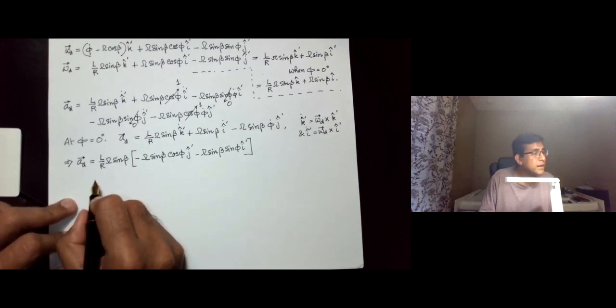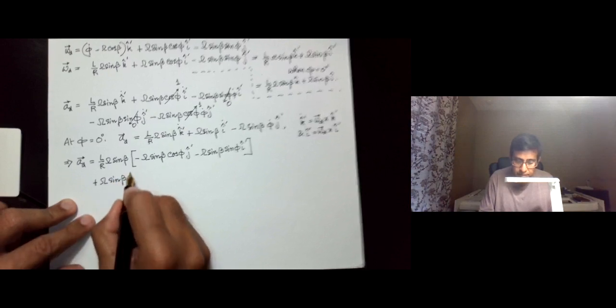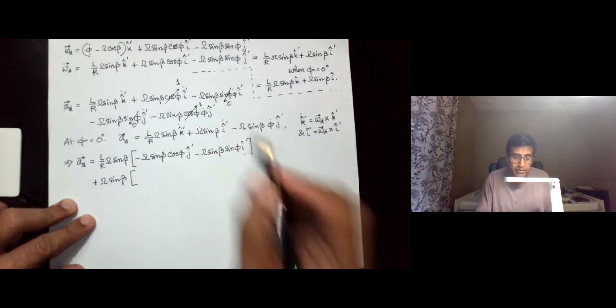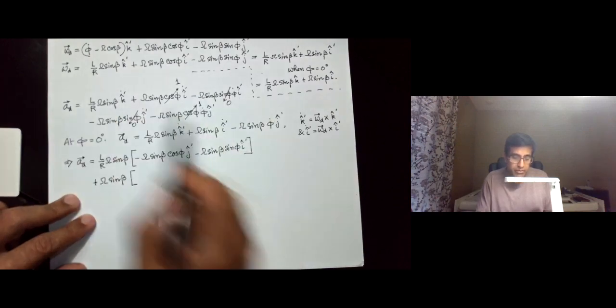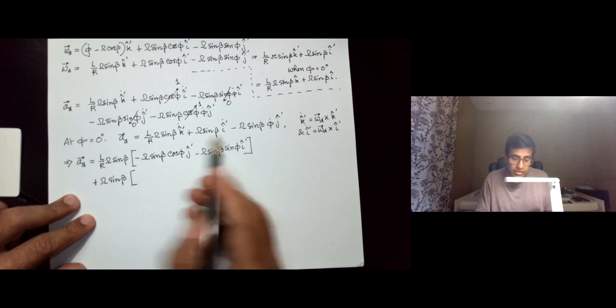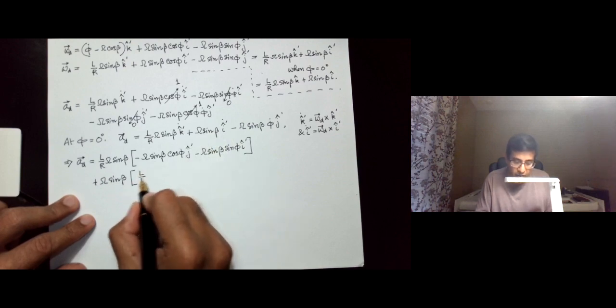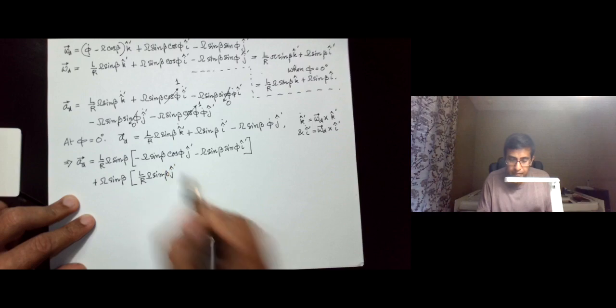Then we have plus omega sine beta, and we'll have to do i prime dot, which is omega cross i prime. So k cross i prime is going to be, k cross i is j, so capital L over R capital omega sine beta j prime.